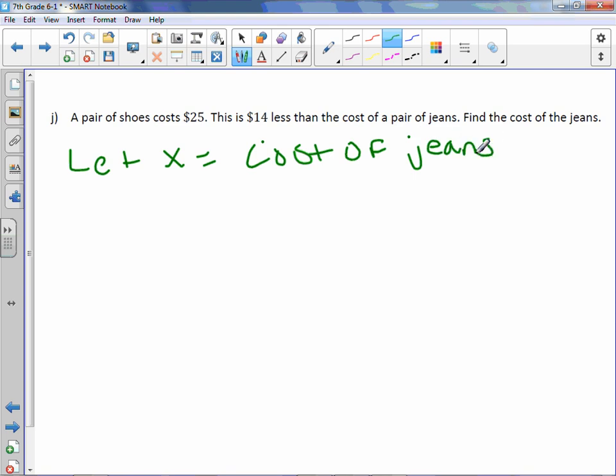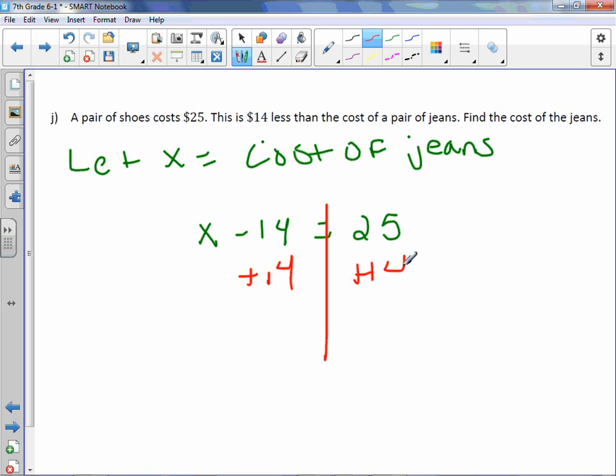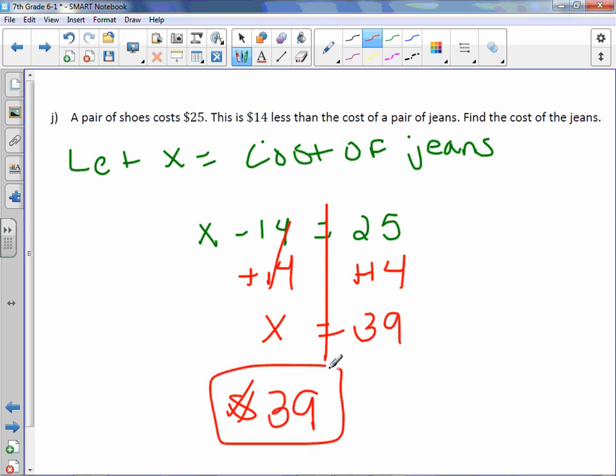So $14 less than the jeans, so the jeans minus 14, equals the pair of shoes, which is $25. Now let's solve. Add 14 to both sides. You get X equals 39. So your jeans cost $39.